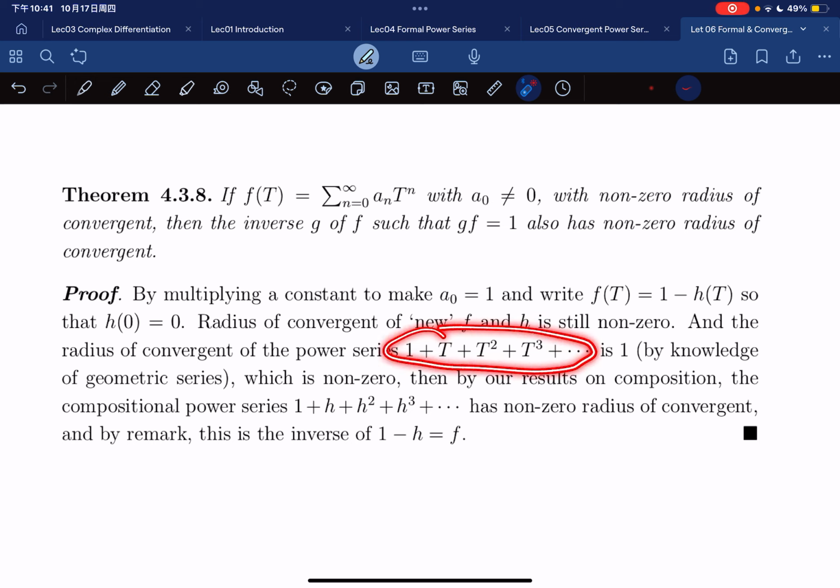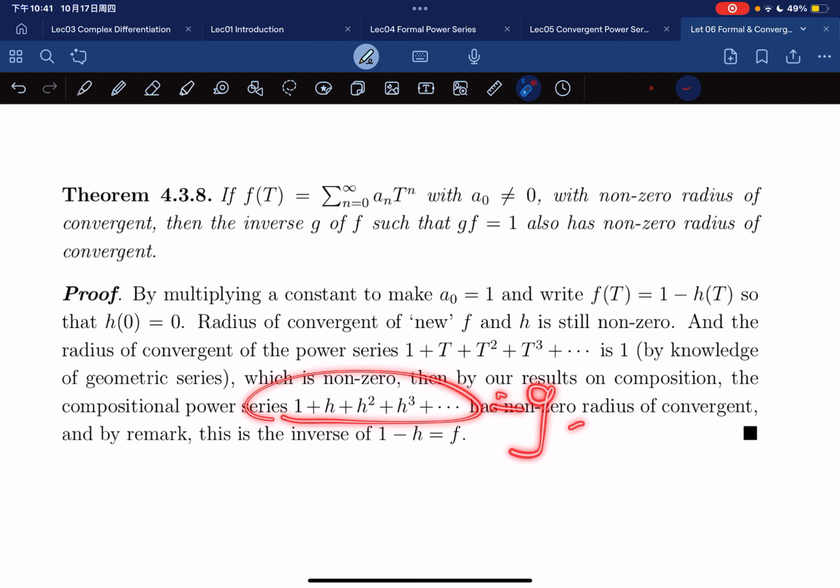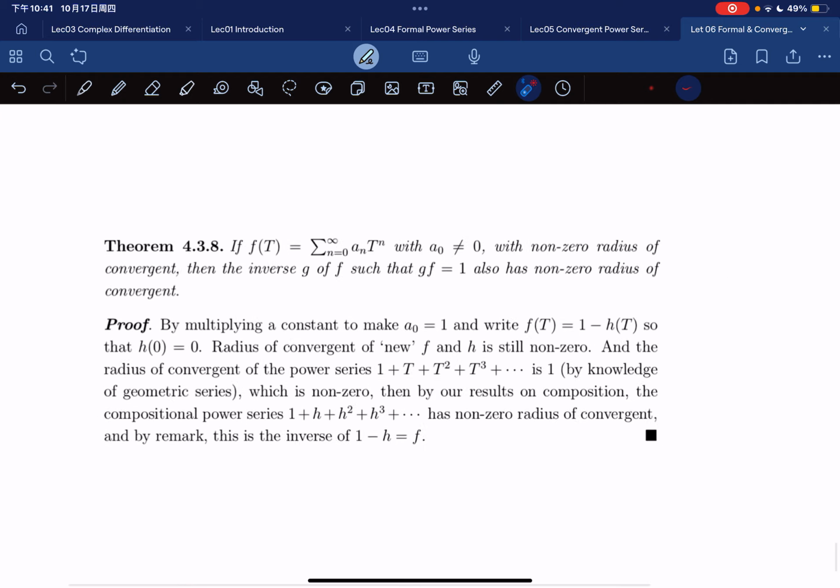This series has non-zero radius of convergence, and h is also non-zero, which means that this composition has non-zero radius of convergence. But by the remark, this thing is the inverse of 1 minus h, which is the inverse of f. So this inverse of f has a non-zero radius of convergence. So this thing is equal to g. So we're done. Right, we're done.